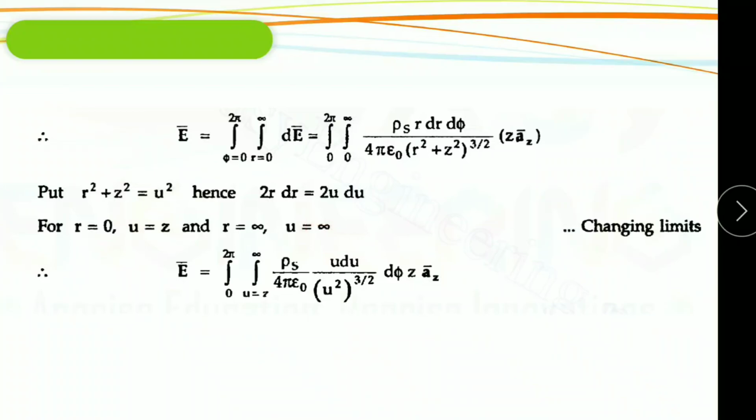Now by changing r equal to 0 to infinity by u equal to z to infinity, and also changing r dr by u du, and r square plus z square by u square, this is the expression for electric field intensity. But still we have to apply the integrations, then we get the final expression for electric field intensity in the case of an infinite sheet of charge.